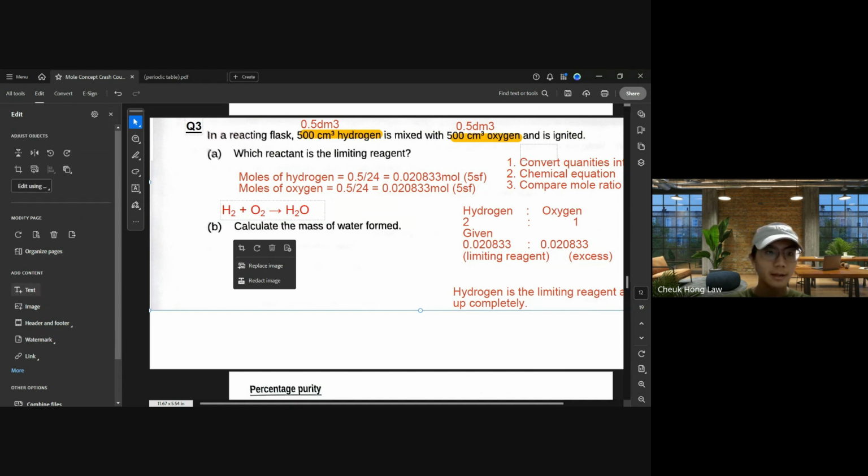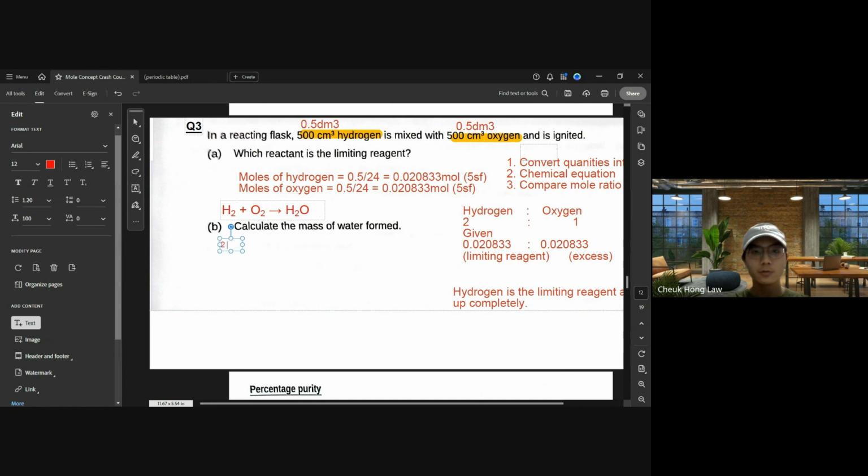On the left side, I have two H atoms and two oxygen atoms. On the right side, I have two H atoms and one oxygen atom.